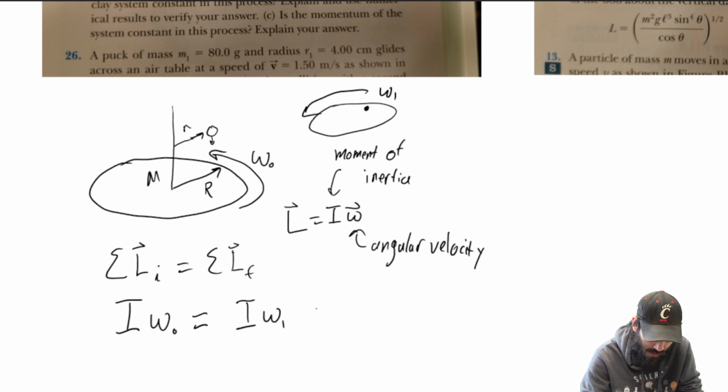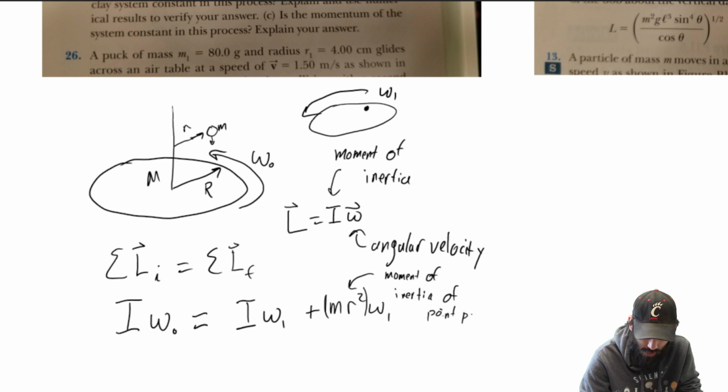So this is going to be plus m of the putty that you're dropping times r squared, where its r is going to be the lowercase r. So here's our mass of m. And this is going to be multiplied by the same omega here, right? Because they're rotating together. So what I did right here was write in the moment of inertia of the point particle.